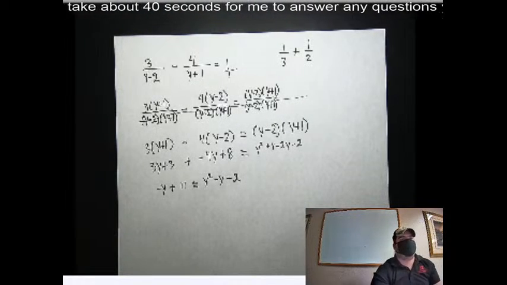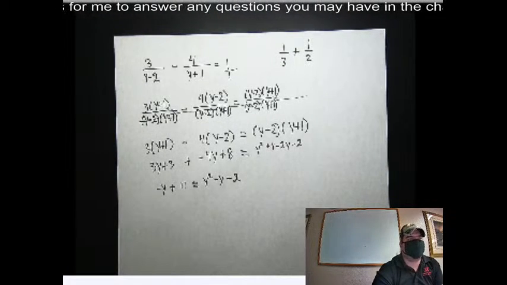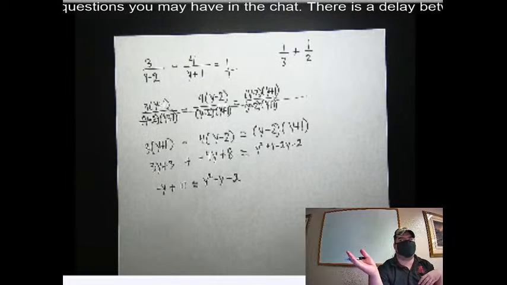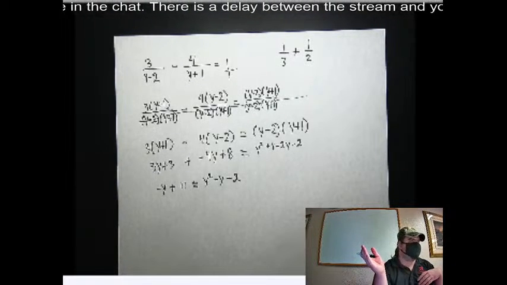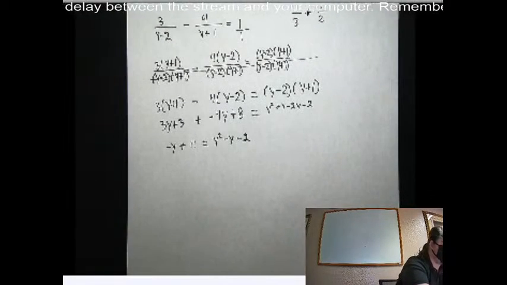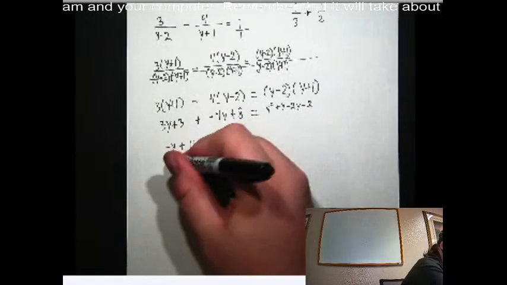And now, let's get everything by itself. In fact, instead of trying to get all the numbers on one side and the letters on the other, let's just put everything together on one side. We'll see why in a minute. So let's see, negative y, bring it over here, that'd be plus y.